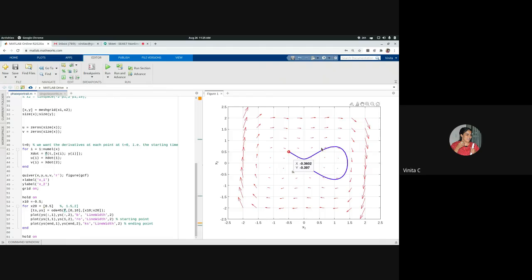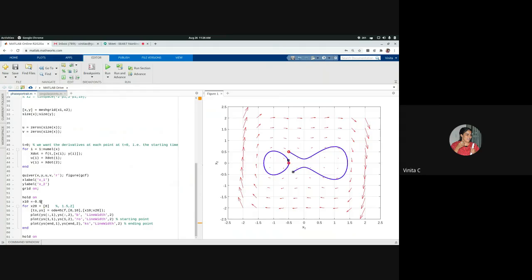It is trying to converge near this minus 1 equilibrium point. So I will try another point here, 0.5, 0. It is converging near the other equilibrium point. This is a center for -1 comma 0, so since it is near it, it follows its vector fields and tries to form a curved pattern.